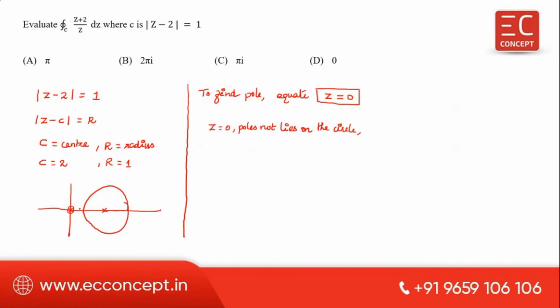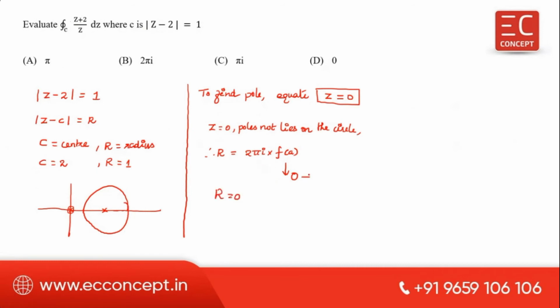It is not lying on the circle. Therefore, the residue is equal to 2 pi i into f of a. Here, it lies outside the circle. Therefore, this f of a becomes 0. Therefore, the integral is equal to 0.